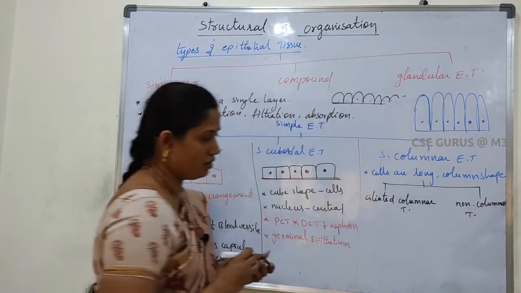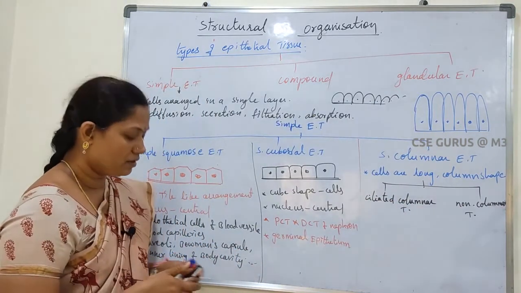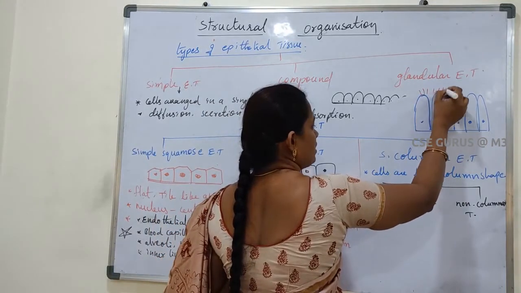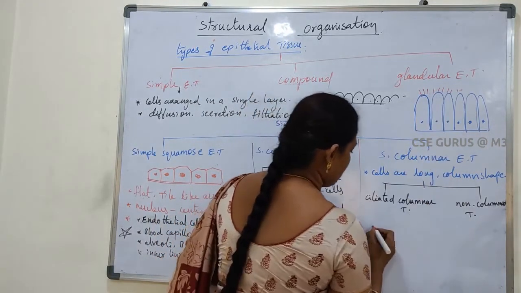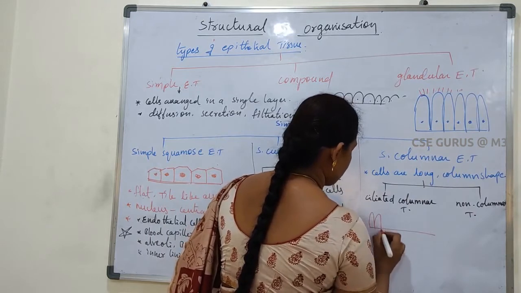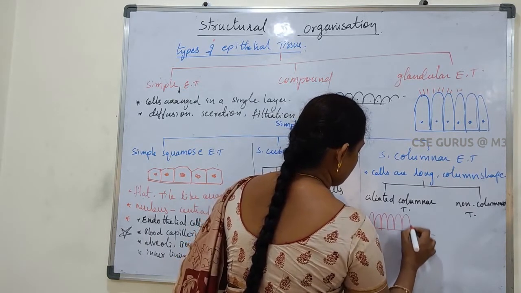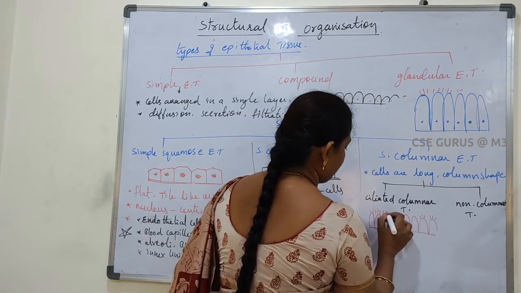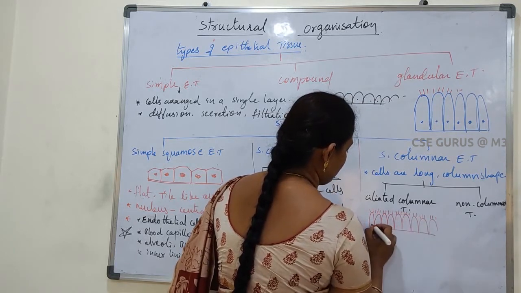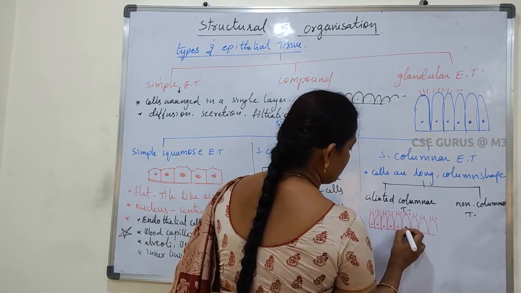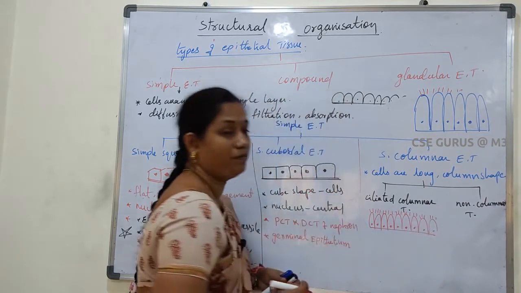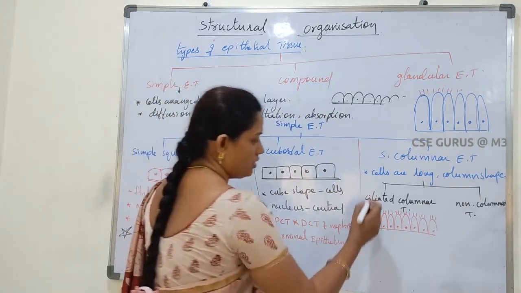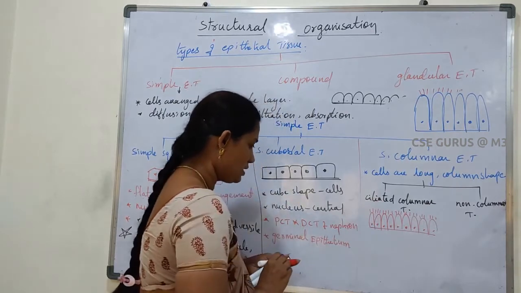Ciliated means the cilia are present on the free surface. We'll draw it here like this. In ciliated epithelium, the nucleus is present at the base of the cell. Cilia are present, that is called ciliated epithelium.